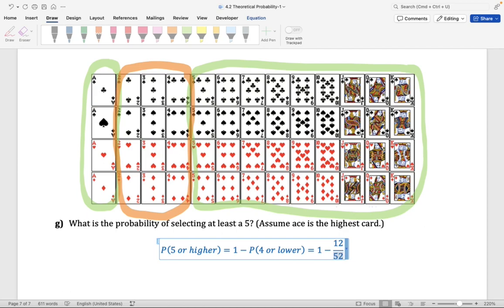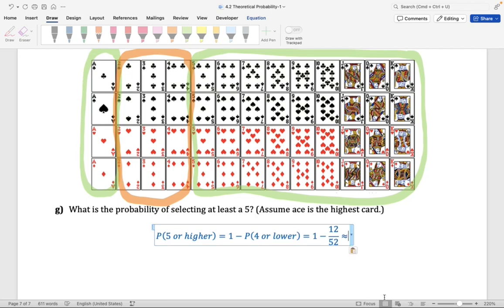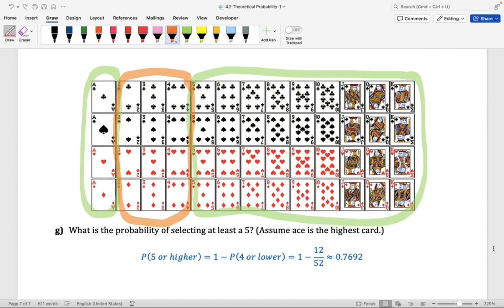Again, here you have an example where if you use the complement rule, you have to count less. Here, we only have to count 12 cards. These are the cards with a 4 or a value lower than. If you enter this expression in your calculator, you should be getting 0.7692.